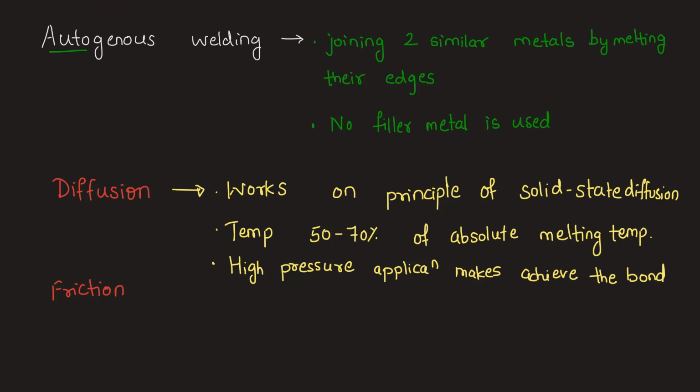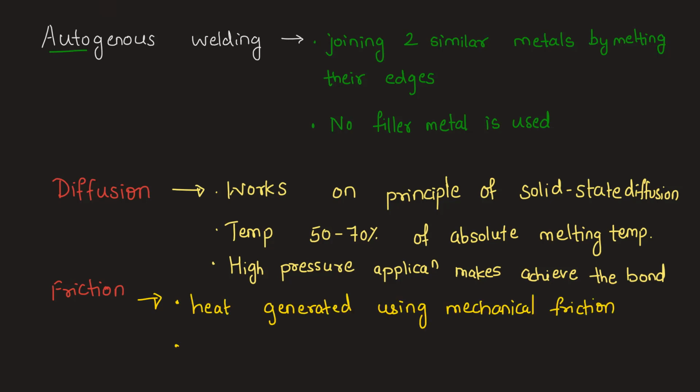Then coming to the friction welding, some points to be mentioned here are that for friction welding, the heat is generated by mechanical friction. So here there was solid state diffusion principle applied, but in this case, the heat is generated by mechanical friction.